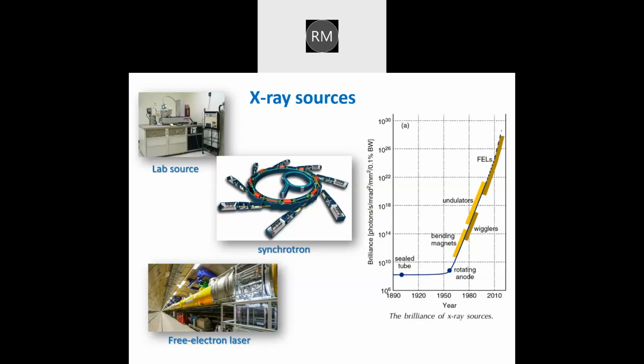They produce very intense beams. For example, an undulator produces 1,000 times more intense beams than a bending magnet. A bending magnet itself produces 100 times more than the lab source. And the free electron laser is even more intense than the undulator, with very, very bright flux. Brightness is the intensity of the light, the intensity of the X-rays.